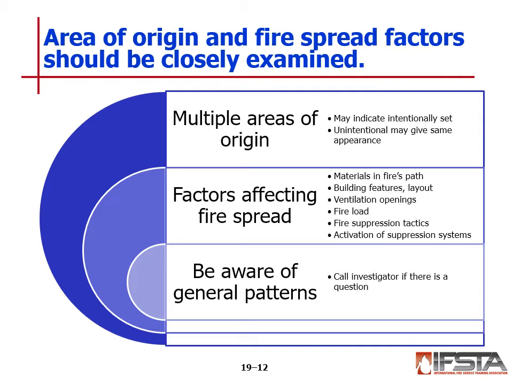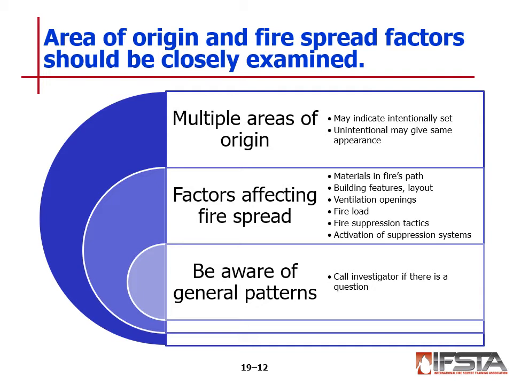And then look at the suppression systems to see if they've been activated. Had they been activated? If they weren't activated, why not? Were they turned off? Were they shut off illegally? So those are just some things to take a look at in looking at fire spread.